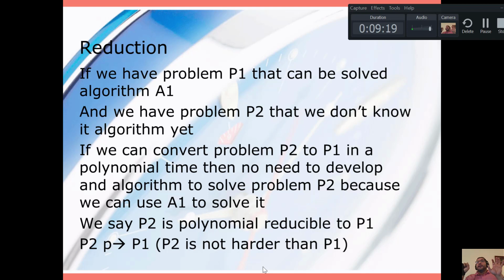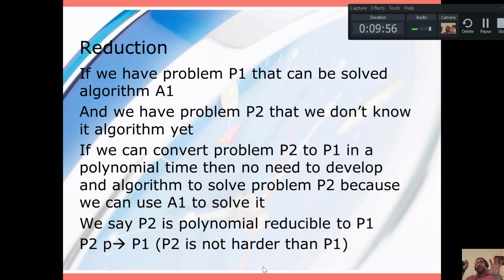But we need to make sure that the conversion itself from B2 to B1 is going to take polynomial time. Otherwise, if the conversion itself takes more than the time that I'm looking for, then it doesn't make sense. Like the same thing, when I want to search in an array in O(1), I said I can do it through a hash table, but converting this to a hash table will take me n time, so it doesn't make sense.